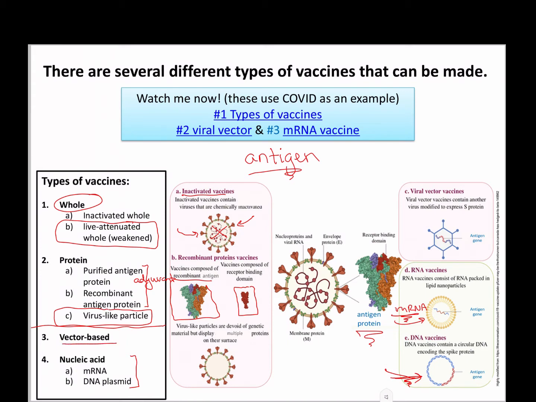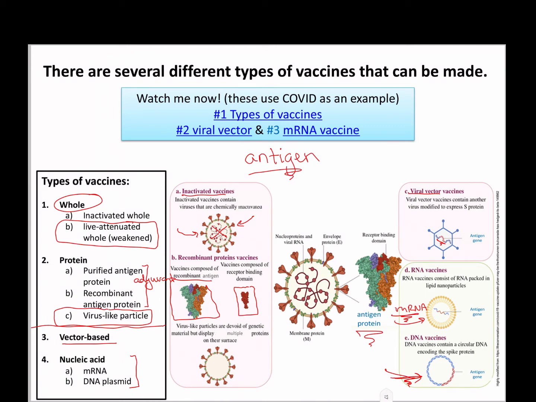So vector-based, also called viral vector, means they're actually using a second virus. So they're using a virus from a common cold or some type of virus that isn't very dangerous for us. And they're replacing important parts of its genome with the gene of the antigen. So the viral vector shouldn't be replicating, but all it's doing is injecting the antigen gene into your cells.